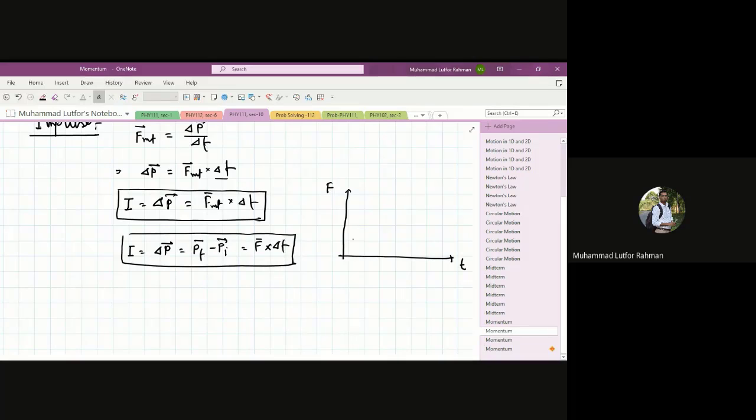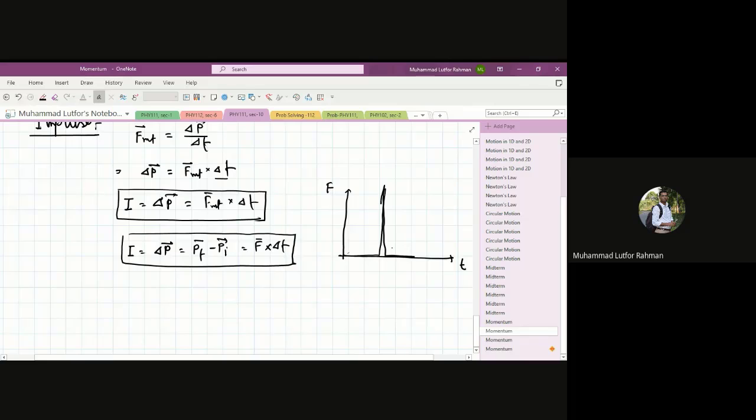During that collision between the ball and the bat, a huge amount of force acts on the ball. That's why the momentum of the ball changes; it changes its direction. And this collision time is a very short amount of time. So if we draw that curve, you will find at a certain time a sudden peak, and instantaneously that force drops, right?